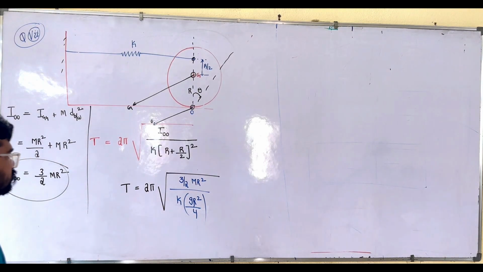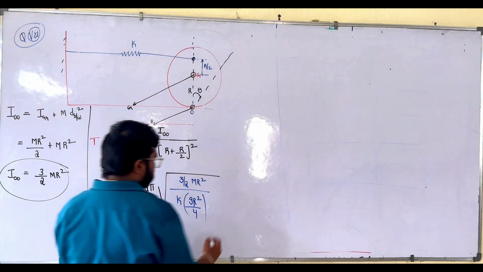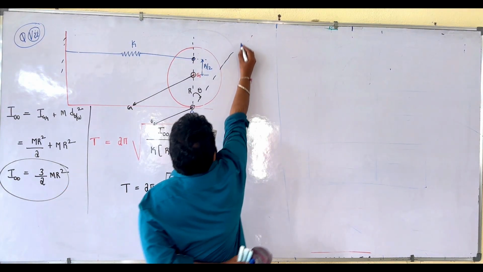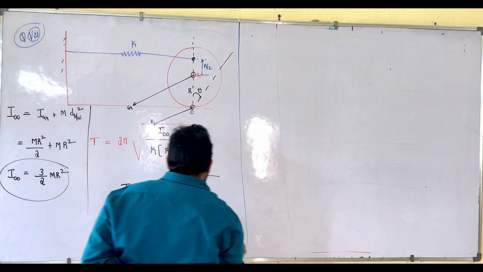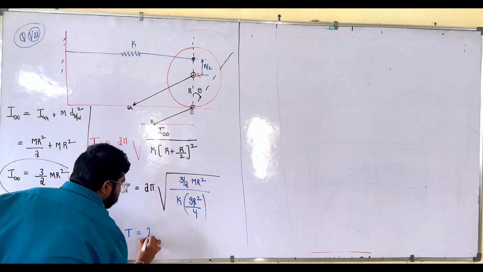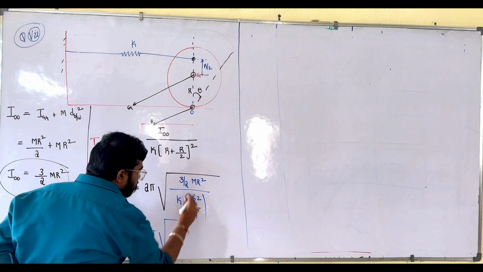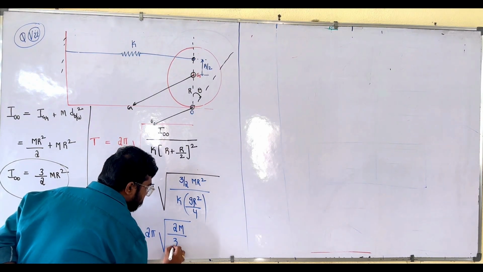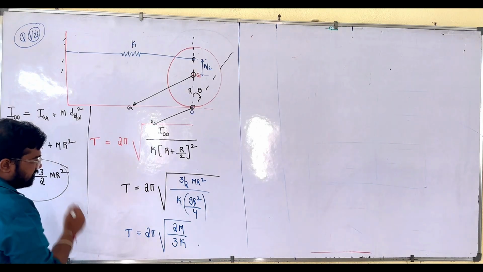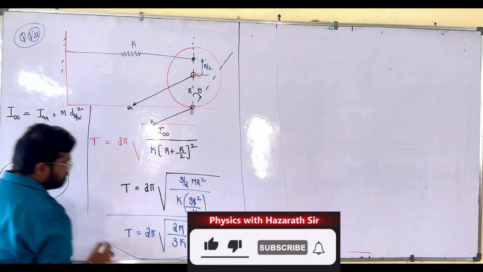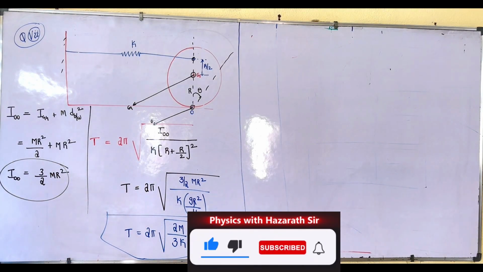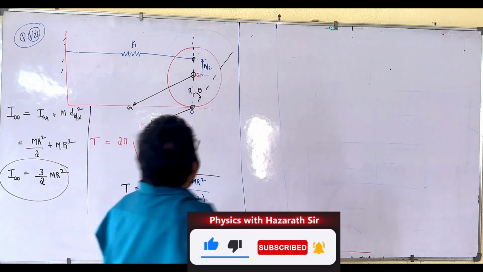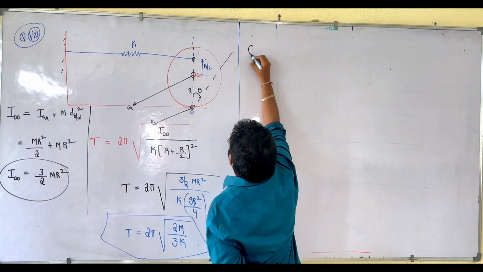Finally, what is the time period of oscillation? 2 pi square root of 2m by 3k. Clear? So now you should tell me the answer to this question.